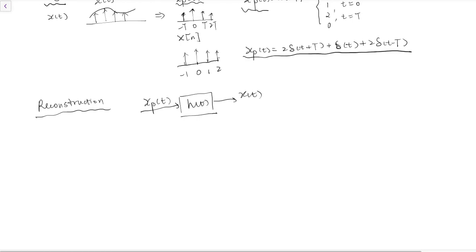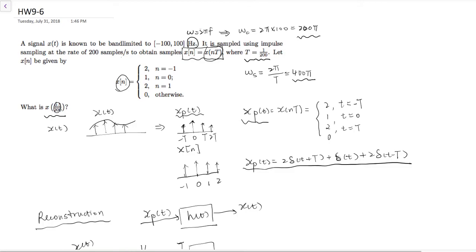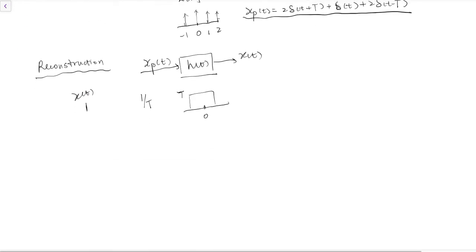If we use an impulse train with a sample period of T to sample our signal, our sampled signal's magnitude will be 1 over T. So to make it look like our original signal, which has a magnitude of 1, we have to go through a low-pass filter that has a magnitude of T. And if our signal satisfies the sampling theorem, that means we are able to restore it perfectly.